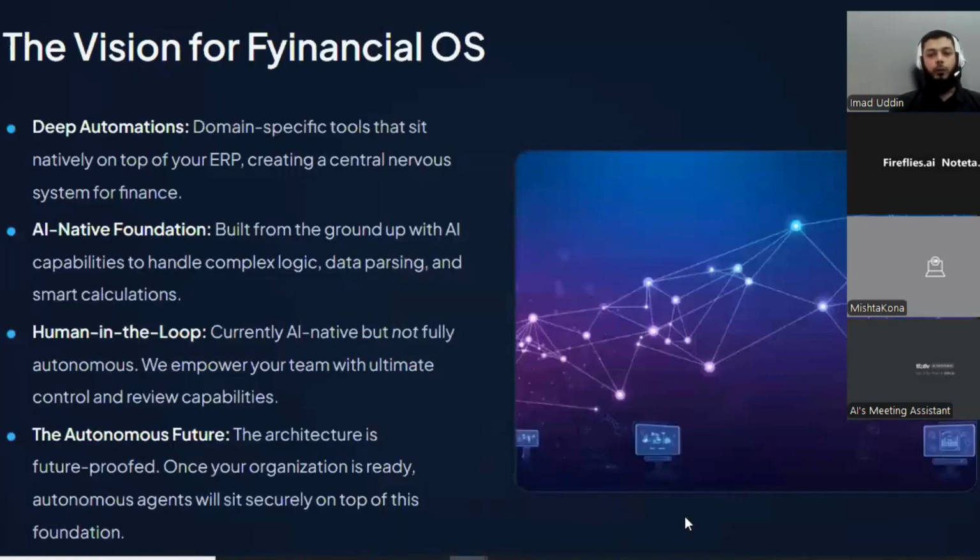All right. So what's the vision? The vision basically is that, when you have an ERP, everyone's transitioning to AI, everyone's transitioning to automations. But the problem is there's no coherent strategy of how to go about these automations.